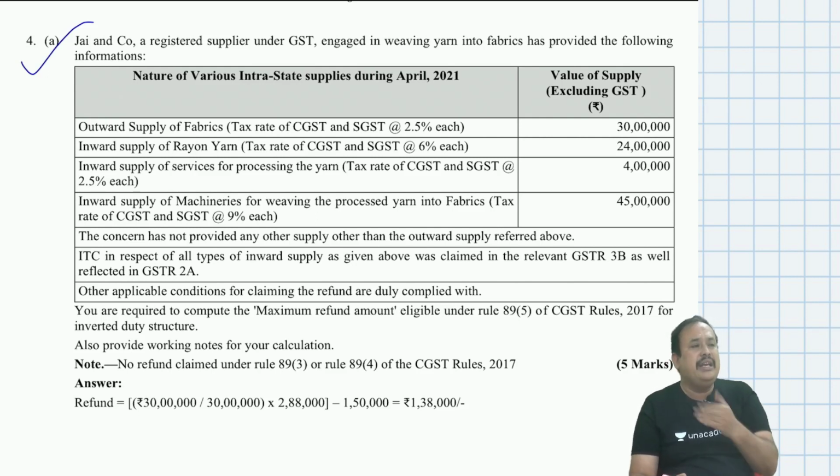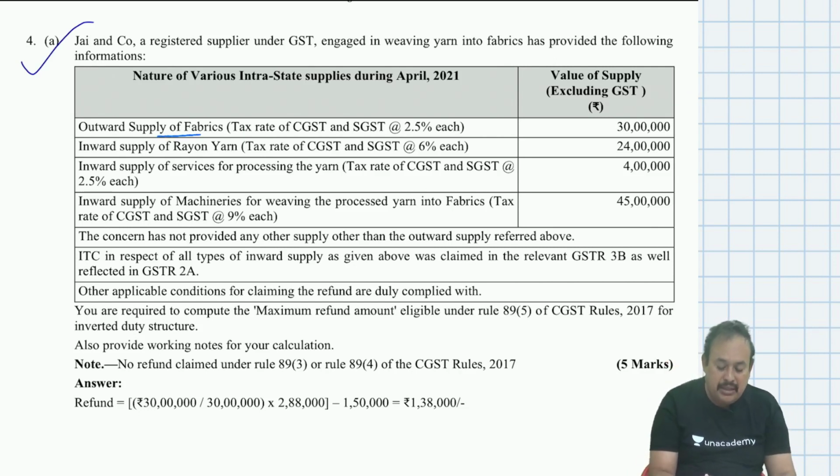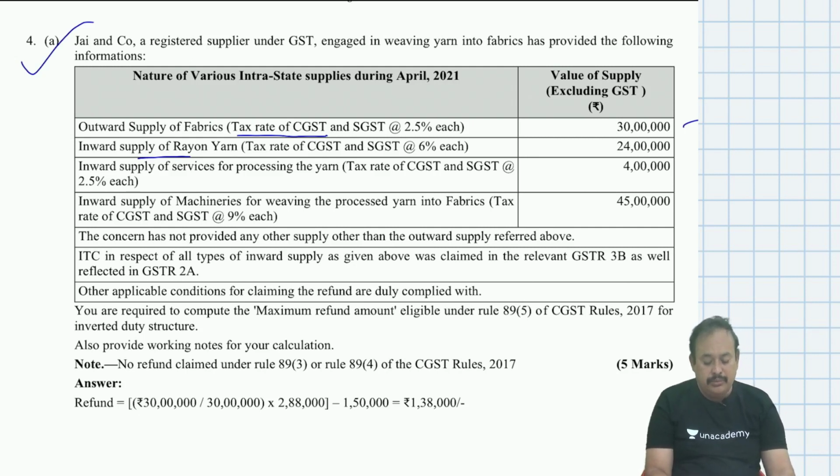Nature of various intrastate supply during April 2021, value of supply excluding GST: outward supply of fabric, tax rate of GST, CGST, SGST 2.5% each, 30 lakh; inward supply of rayon, tax rate of GST, CGST is 6% each, 24 lakhs value of supply.